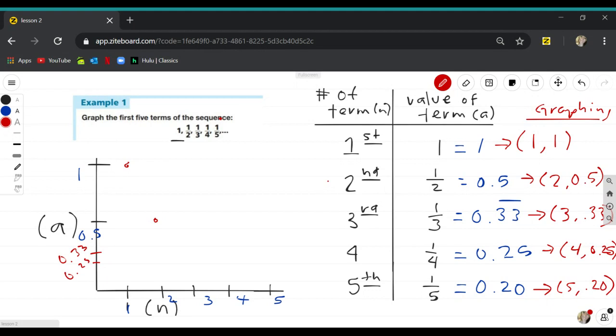So it looks like it's decreasing gradually. If we plot this, it's going to be lower, lower, lower, closer to 0. But we don't really have to connect the line if you don't want to. It's up to you.